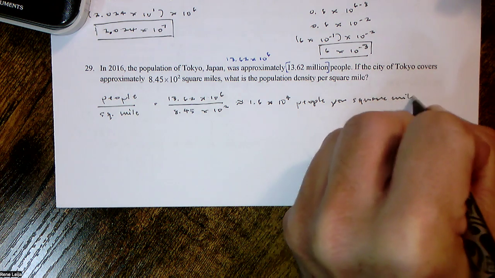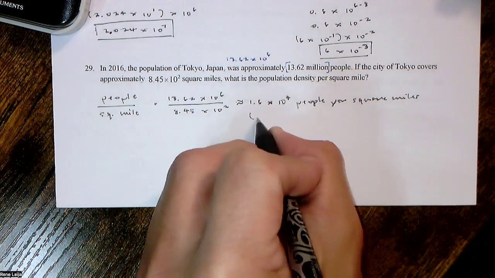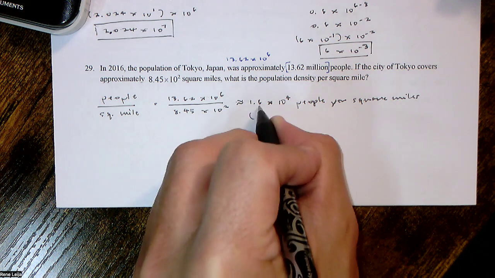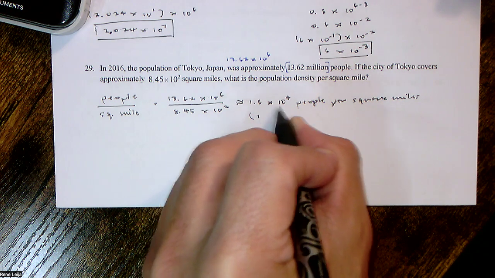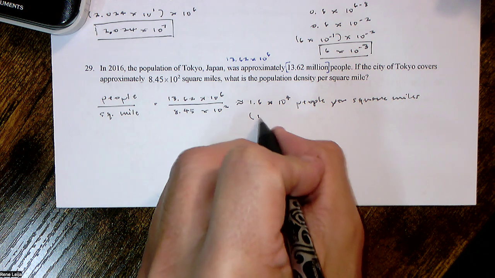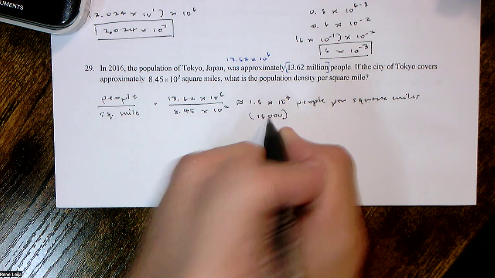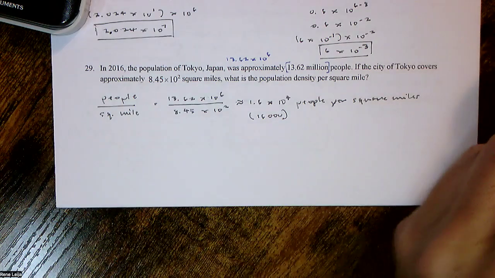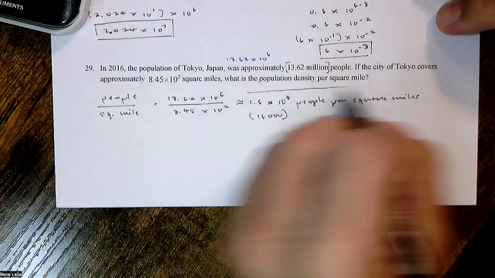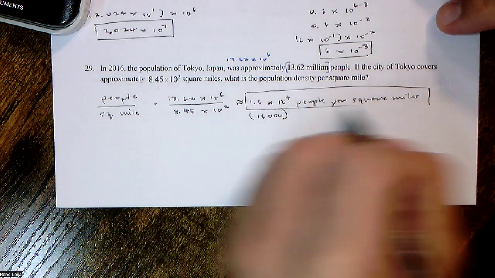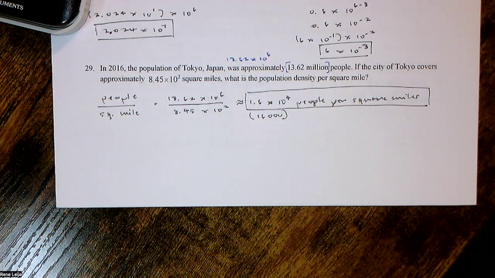Now, how many people is that? Well, move it 4 places over. So 1, 2, 3, 4. So that's going to be 16,000 people per square mile. And that is a lot of people to squeeze in a small area. Okay. All right. So that's it for exponents and scientific notation.